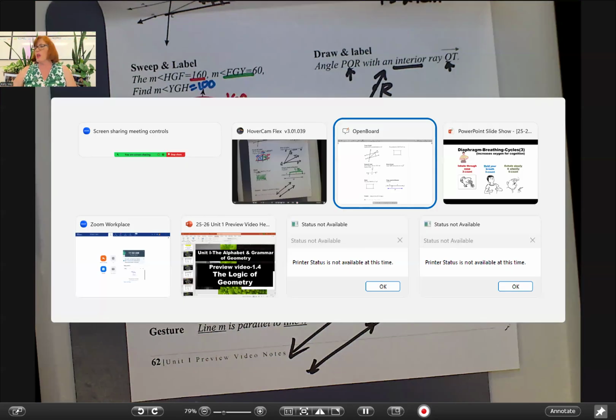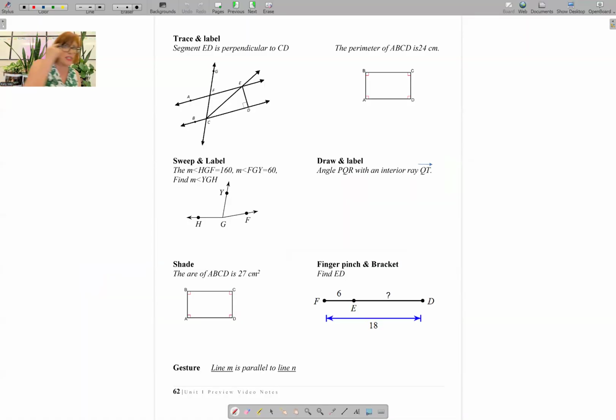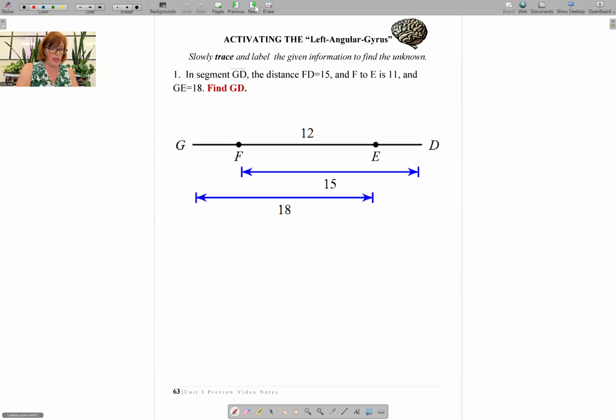So these are the kinds of things you should do to activate your left angular gyrus. Let's do a few problems together. Finger on paper, out loud, read.